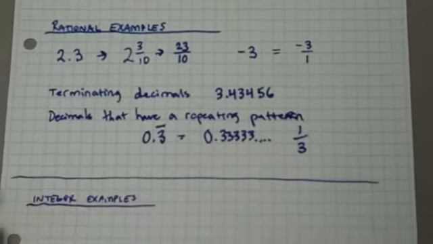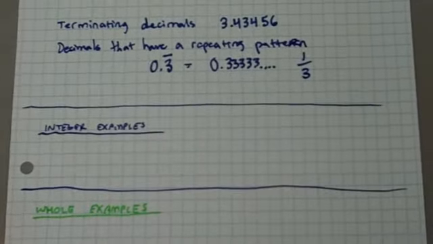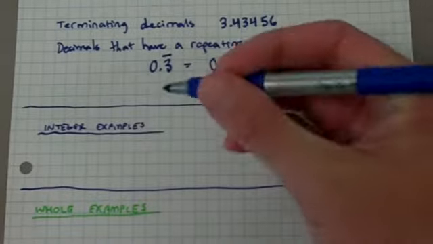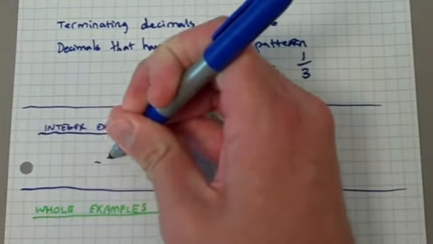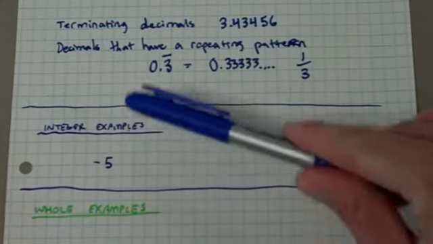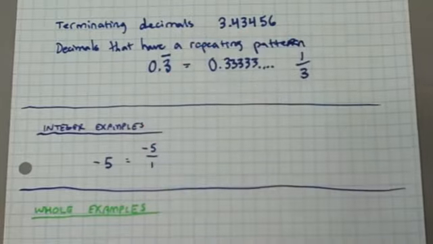Now let's look at the integers. Some integer examples. Remember, integers are included in the rational numbers. So things like -5, that works. That is an integer. It's also a rational number because I could say -5/1.